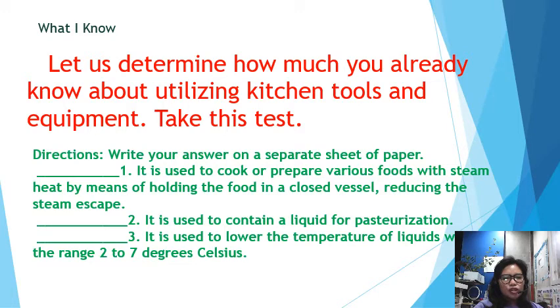The direction is to write your answer on a separate sheet of paper. Please don't forget to write your name, your section, the title of the module, and the subject teacher.